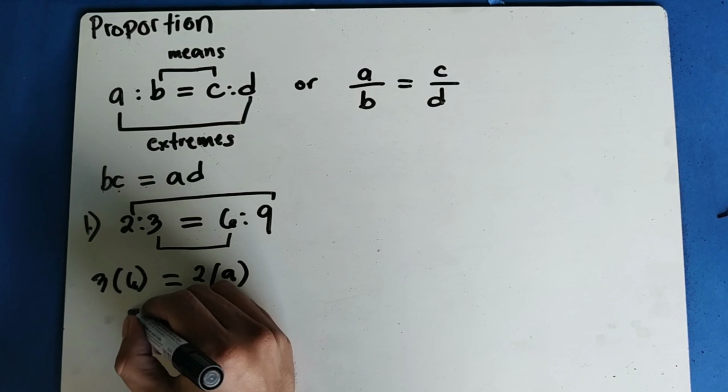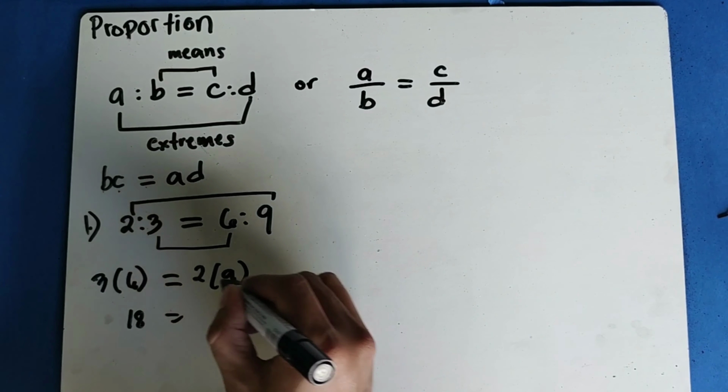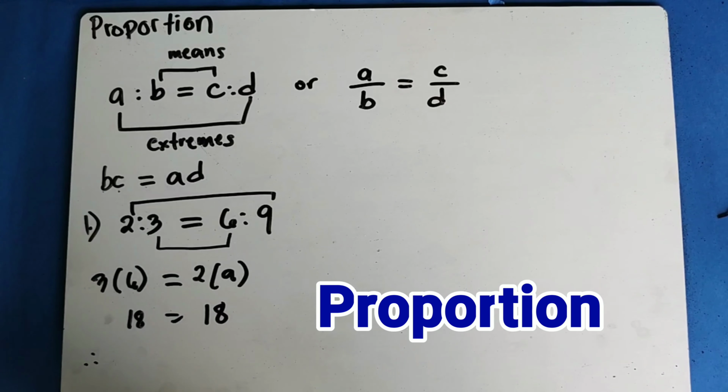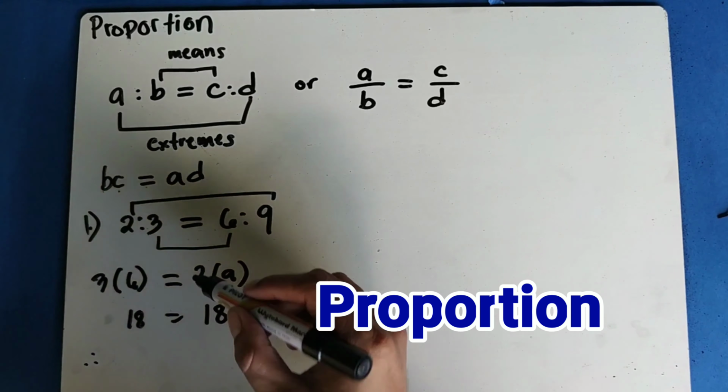So, 3 times 6 is 18 and 2 times 9 is 18. Okay. This means we can conclude that 2 is to 3 is a proportion with 6 is to 9 because the product of the means is equal to the product of the extremes. 18 is equal to 18.